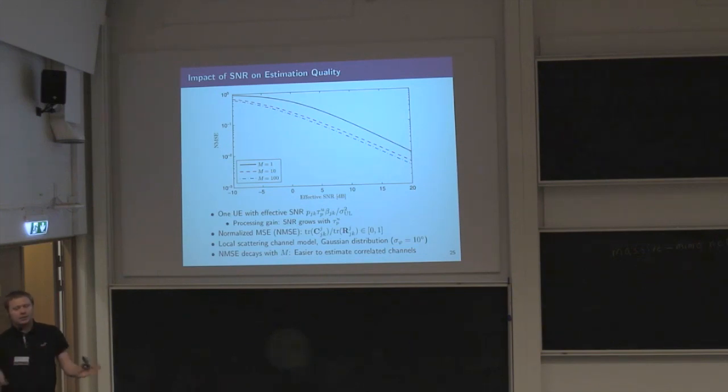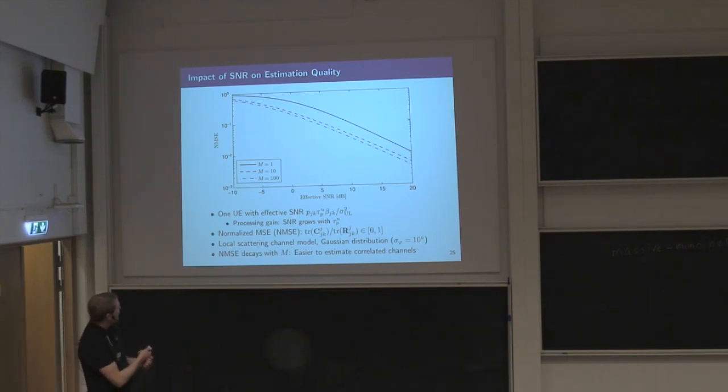By looking at something like this, you can compare the estimation quality of different users. When I have a perfect estimate, so the estimation error is 0, then this normalized MSE is equal to 0. When I have a totally bad estimation procedure, then the estimation error will have the same covariance matrix as the signal I have from the beginning, and then I will have a 1.